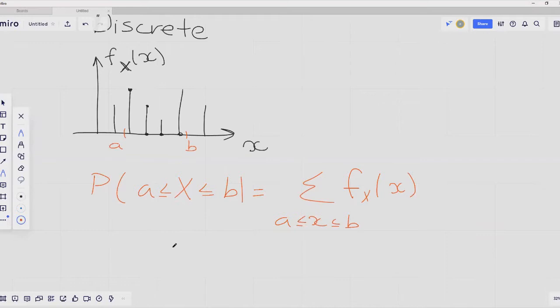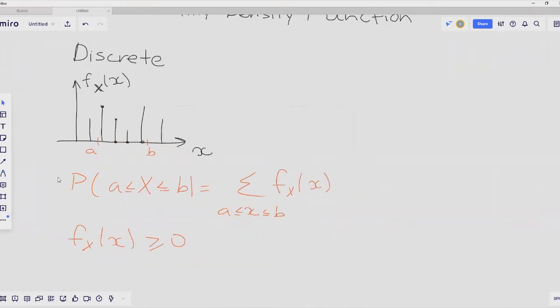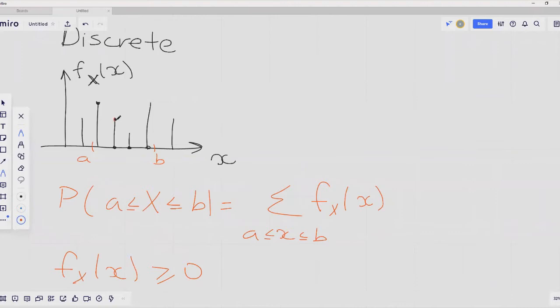We also have that all values of probability mass function are positive. And in that particular case, when we are working with discrete random variables, those values of PMF can be considered as point masses sitting on top of possible values of random variable x.